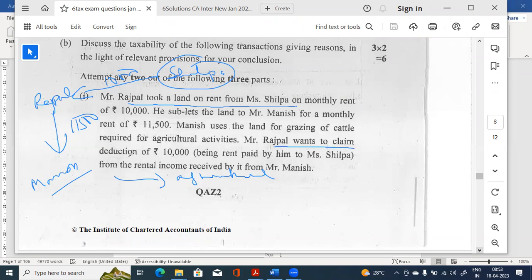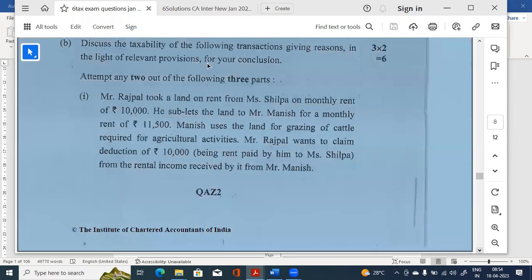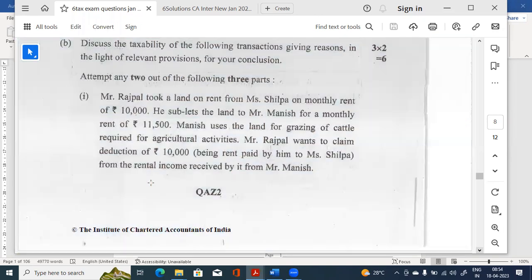Rajpal wants to claim the deduction of 10,000, that is the amount paid to Shilpa, from his rental income. You are asked to discuss the relevant provision. We'll look at the solution, which will tell you clearly. The question is: the final person using it, Manish, is using it for agricultural activity and is paying rent to Rajpal.